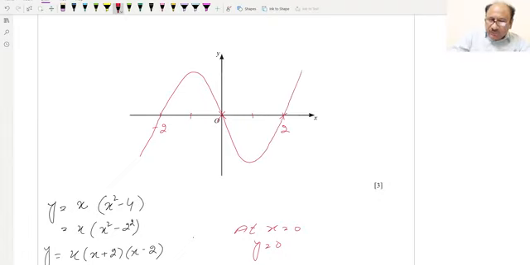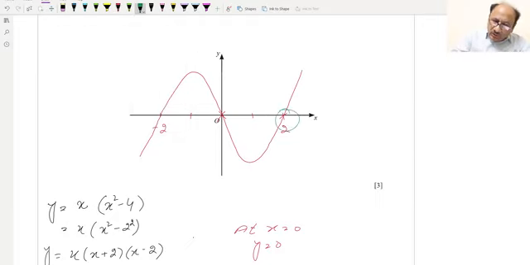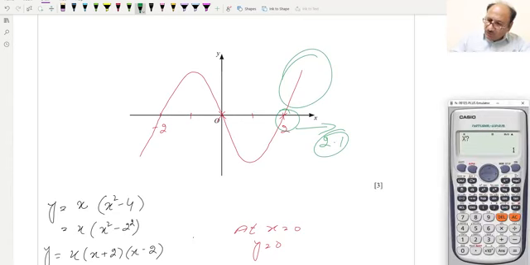To confirm, if we take any value which is greater than this 2 value, on this side, like we can take 2.1, it will be positive because it is going up. So we can calculate for x is equal to 2.1, this is giving us the positive value.